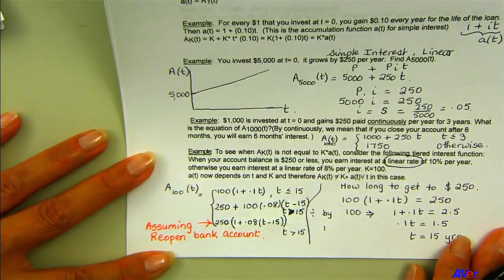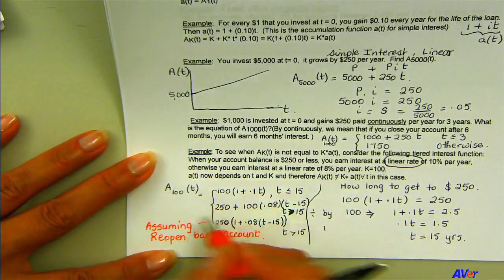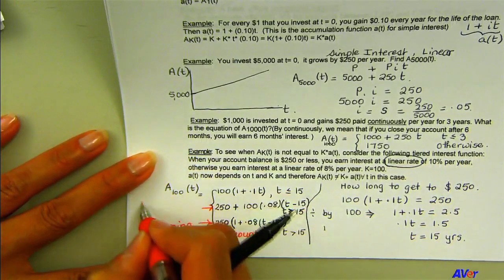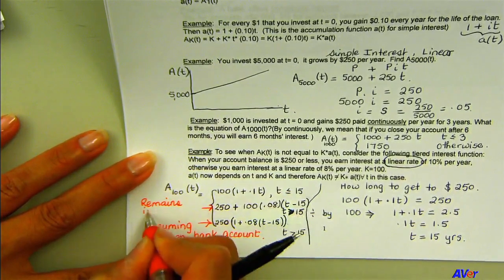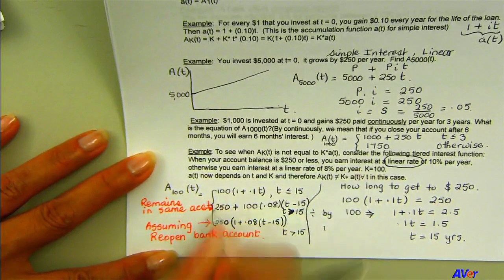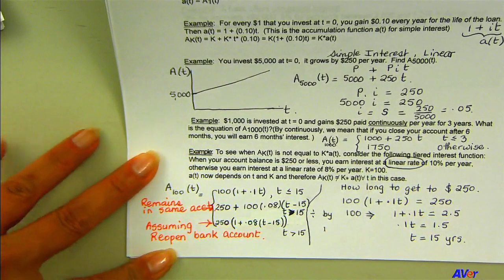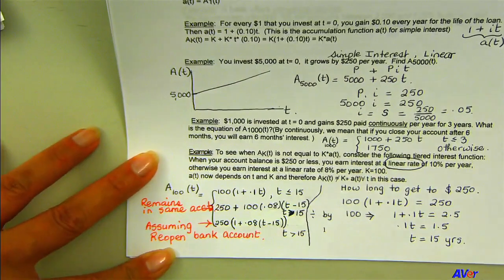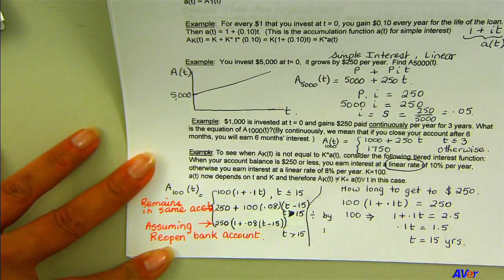Any question? So this would be the case if it remained in the same account. Any question? Still talking about the most basic case, which is simple interest. Okay? Yes.